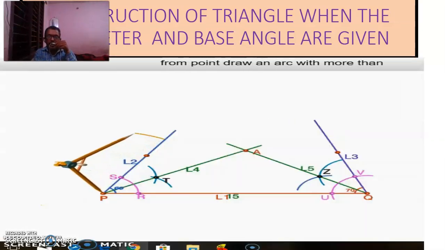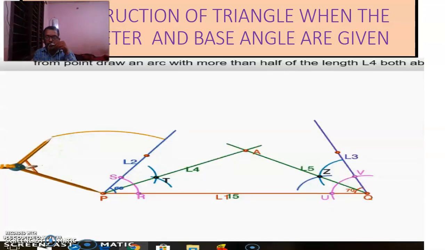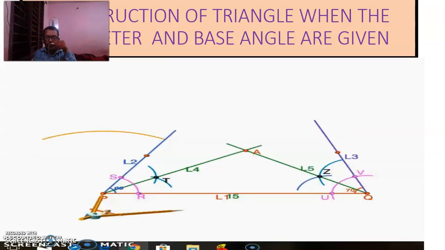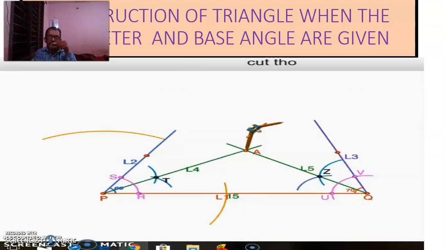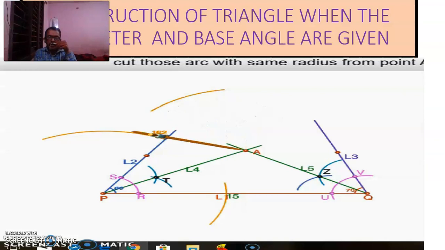Now draw the perpendicular bisector to both L4 and L5. By taking more than the half of L4, draw arcs above and below L4 from the point P. With the same radius, by using compass, cut those arcs.